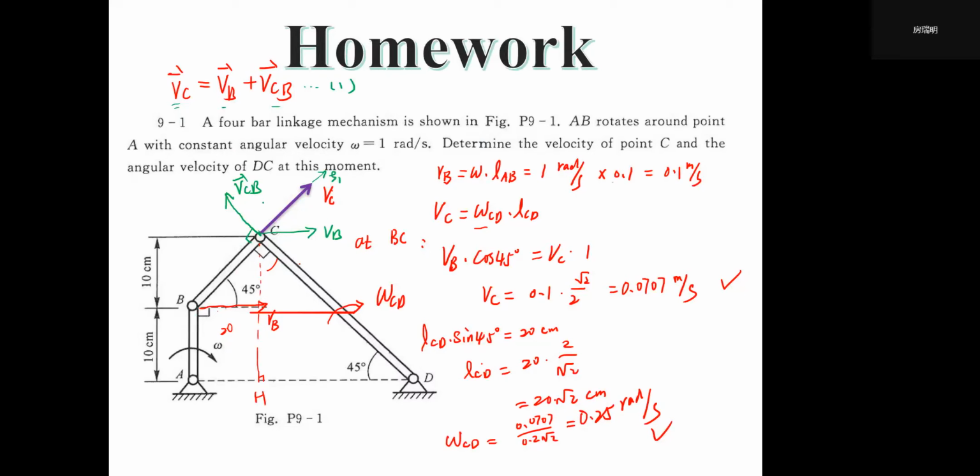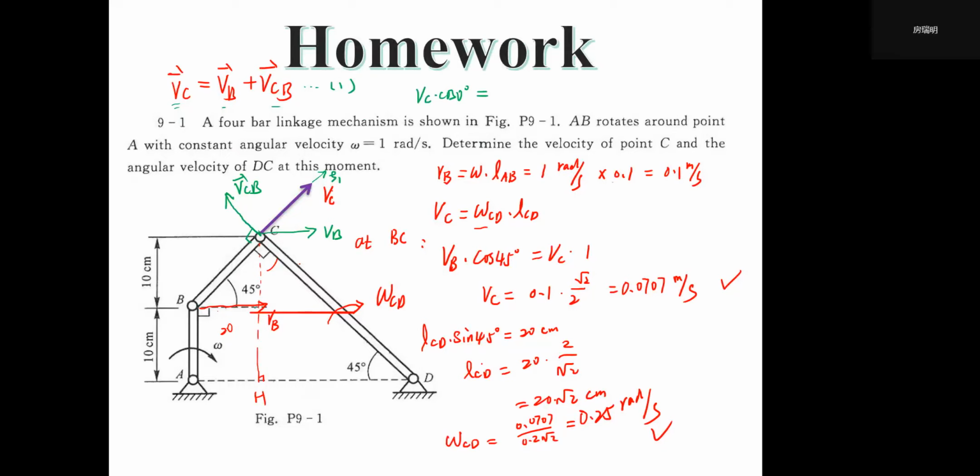So we can project this whole vector equation onto this direction, from the left part to the right part. You will find VC is on this direction, so its intersection angle with this direction is actually zero. So we can have VC times cosine zero, and just write this equal sign.